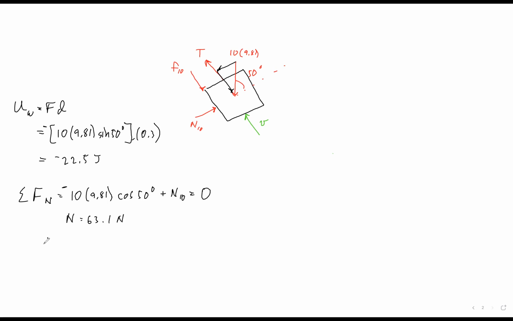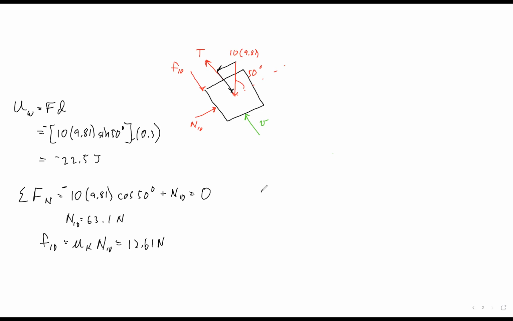And then the friction force is going to be equal to the kinetic coefficient of friction times the normal. Okay, and then that's going to calculate out to be 12.61 newtons. All right, now that we know the frictional force, we can multiply that number times the distance traveled by the block.